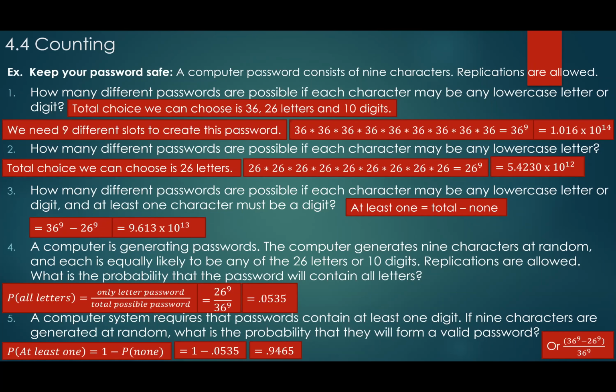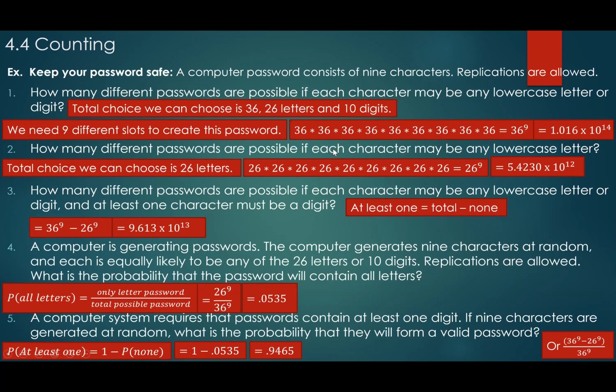You can apply combination or permutation, it's just that at each slot you have 36 choosing 1, which is the same as 36. So instead of using combination or permutation at each slot, we just say the total number of items we have is 36, or the total is 25.